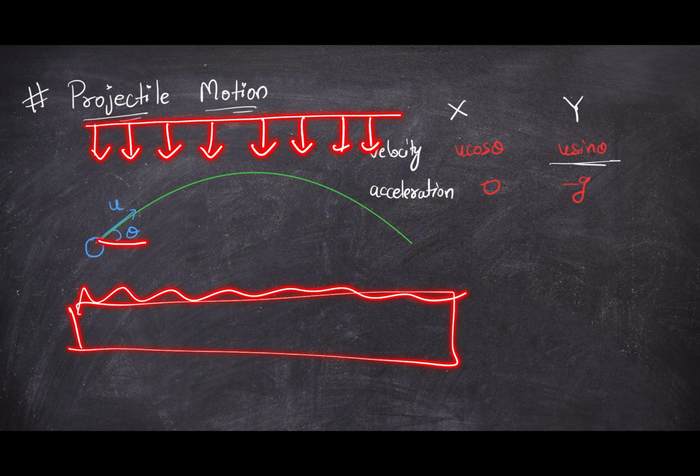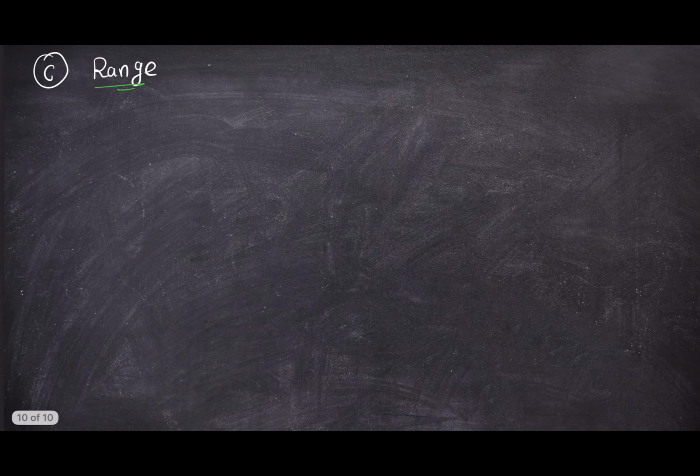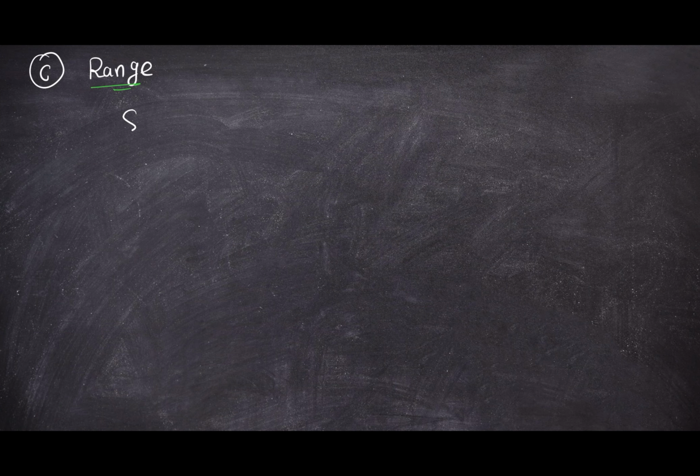What you will see? You will see that this ball is going in this direction linearly, right? So displacement in x is nothing but uxt plus half axt square. Since acceleration in x is 0, because gravity always acts downward in y only, I will write it as nothing but uxt. Uxt is u cos theta into t.